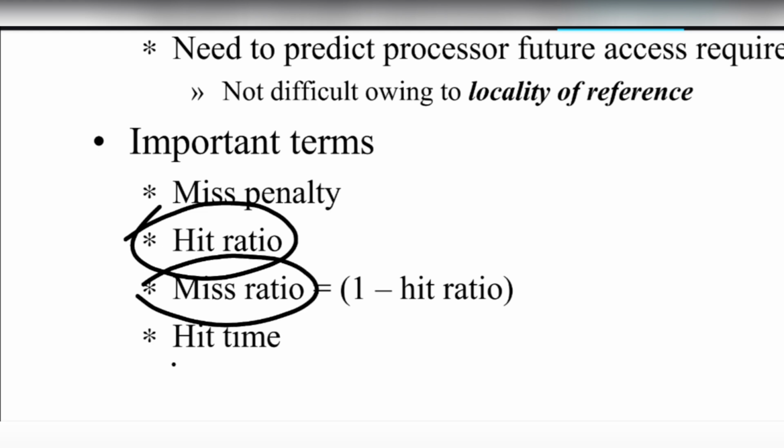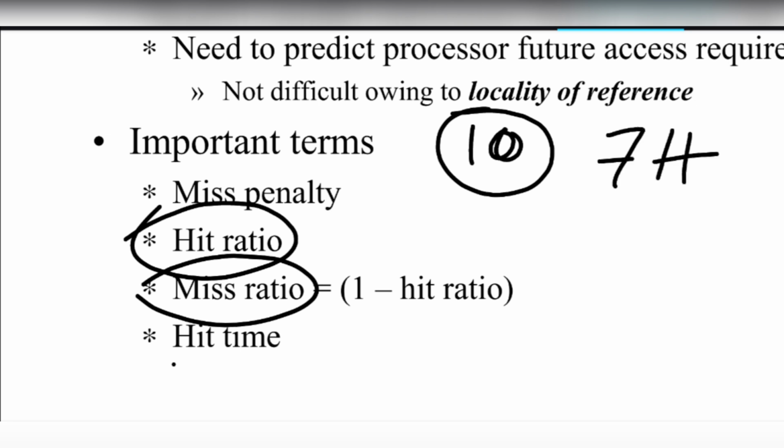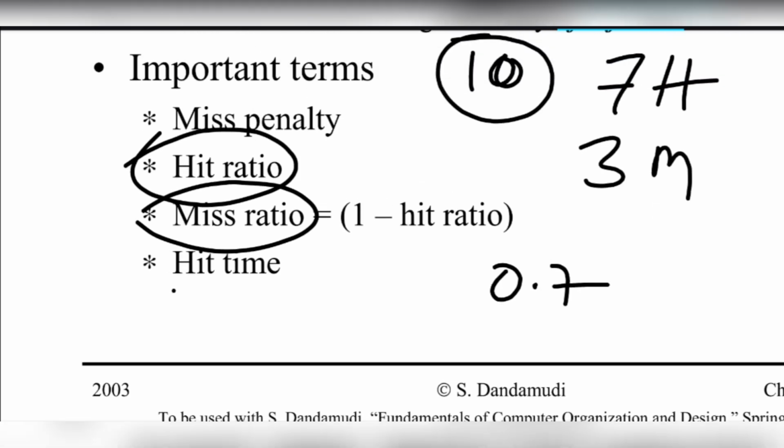Suppose the CPU requested 10 data or instructions, but only 7 were hits and 3 were misses. Then the hit ratio must be 0.7. How? 7 hits divided by the total requests, which is 10, gives 0.7. This is the hit ratio.